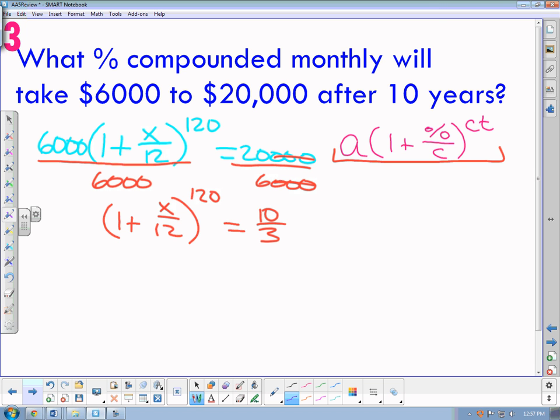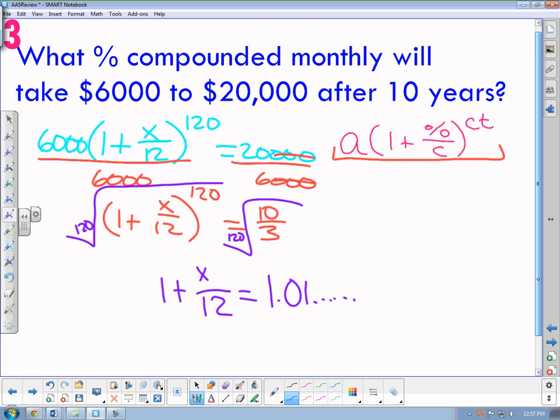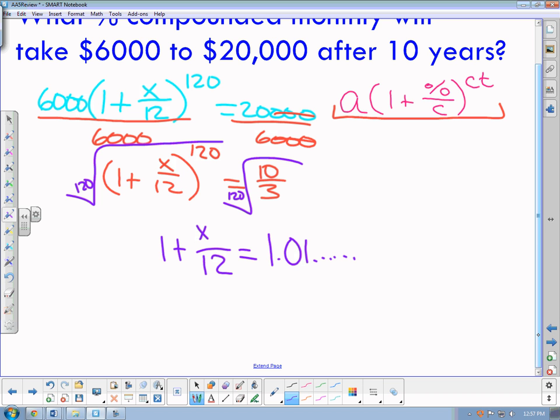Then, next thing you have to get rid of is the 120th power, so we have to do the 120th root to both sides. You have 1 plus x over 12 equals, and whatever that is. Again, you shouldn't round this. This is where you're going to want to use your ANS button still. Then finally subtract 1.